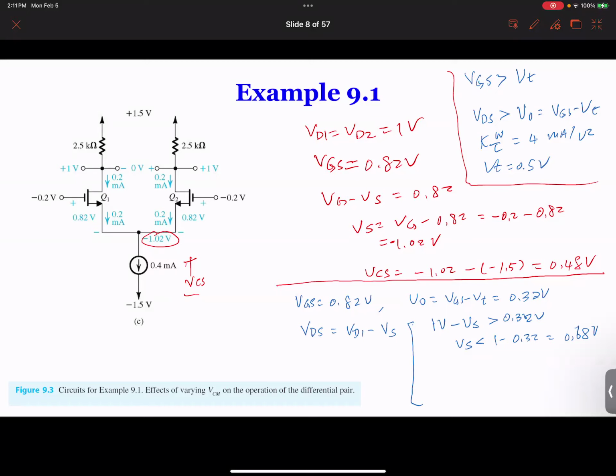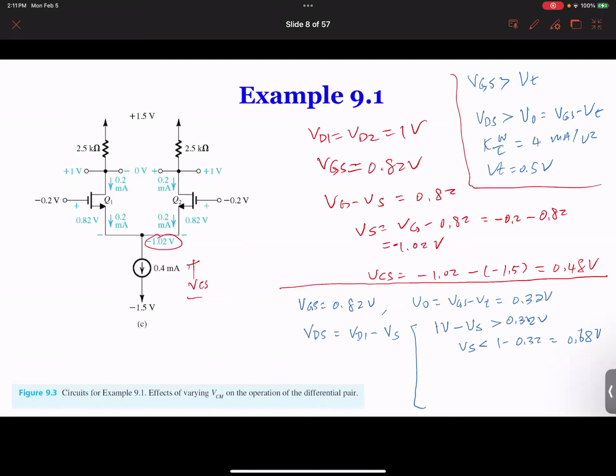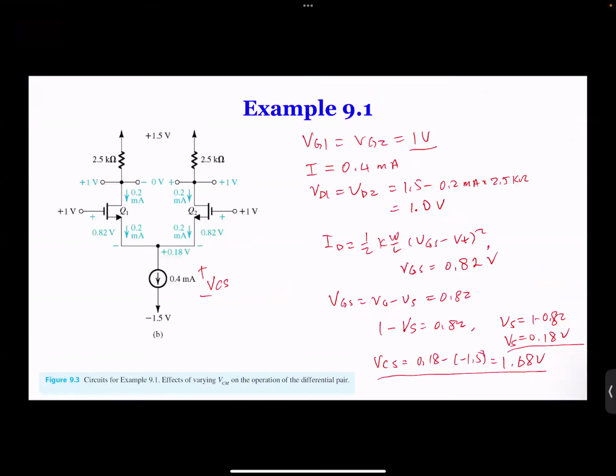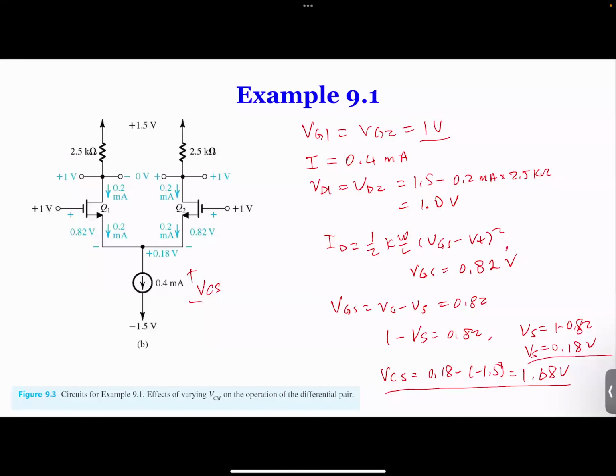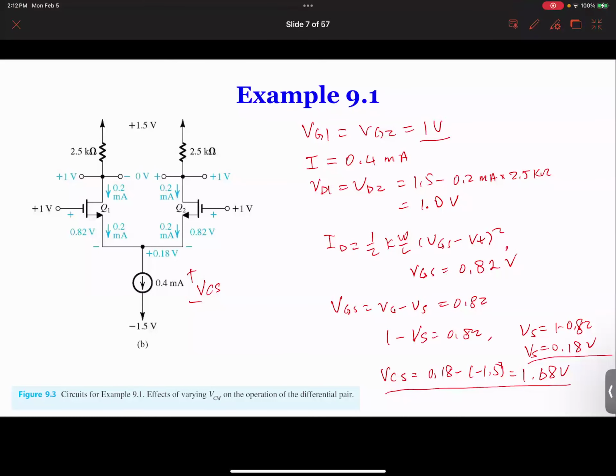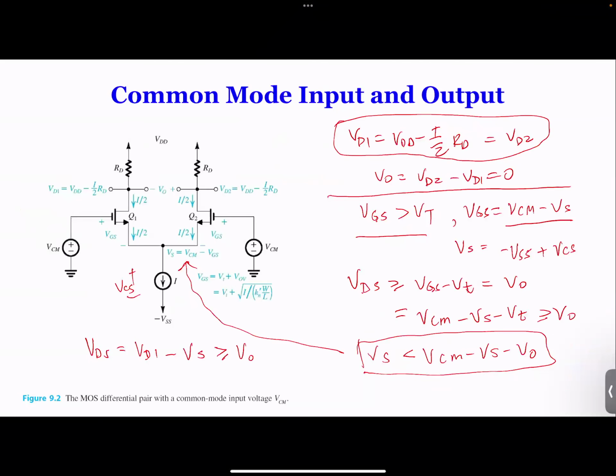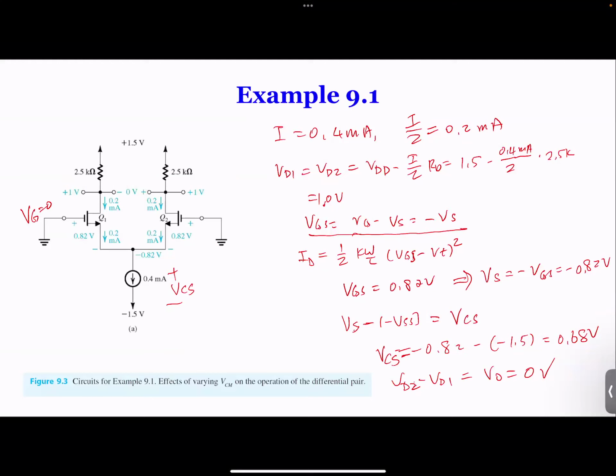So if we look at the previous example, let's go back to our previous example. Okay, so in this case, we have the gate grounded, and then we have VGS, we got VS equal to, where's VS?